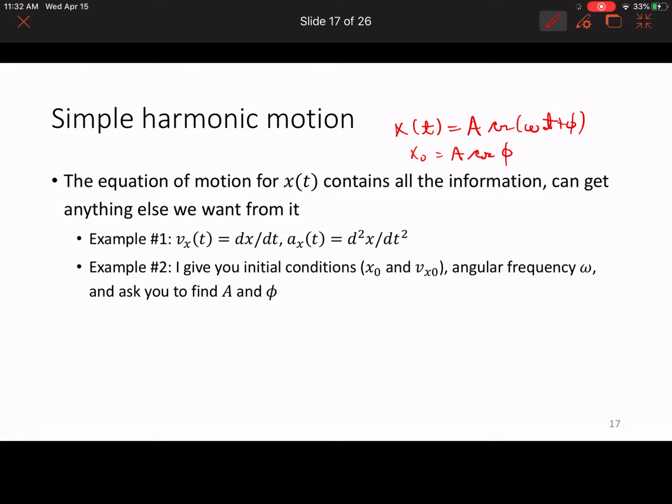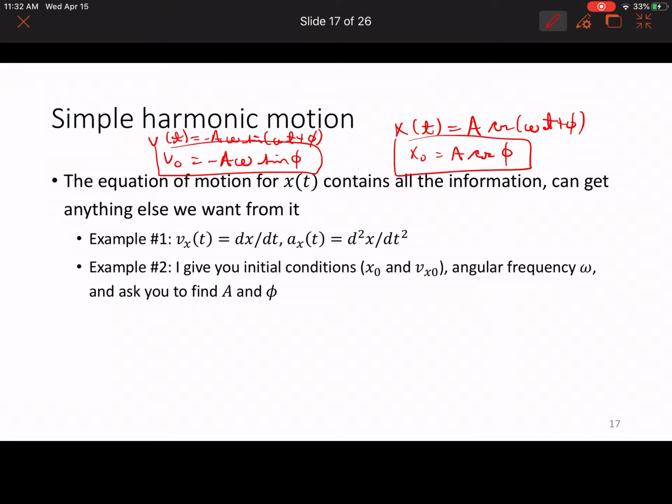And similarly for the velocity, I tell you that the total velocity is just -aω sin(ωt + φ). I plug in the value at t = 0. I get v0 as -aω sin φ. And if I take these two equations, I can solve them for a and φ. It is not very interesting.